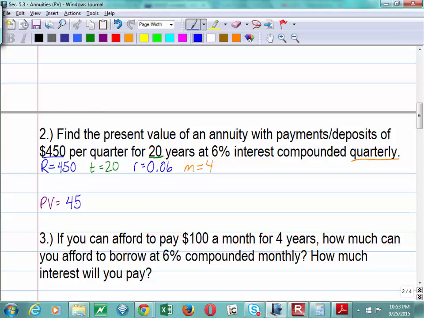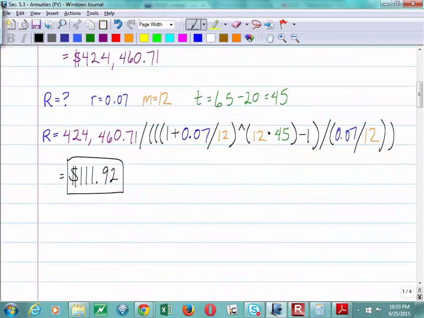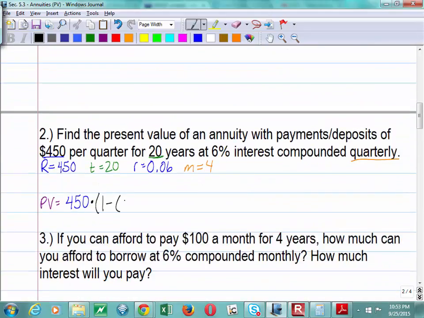Alright, so we want to find the present value. So start with 450 times, let's look at the formula again real quick. 1 minus 1 plus 0.06 over 4 to the power of negative 4 times 20.